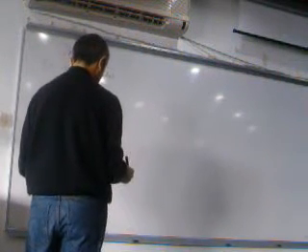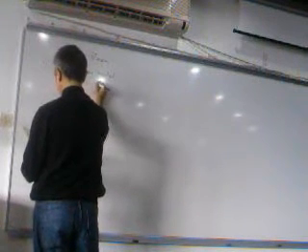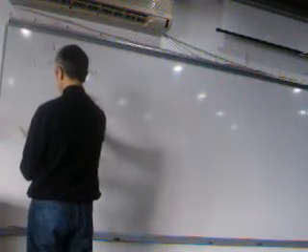So here, let us take a linear system, a linear model. Let us say this is dx over dt equals x plus y, dy over dt equals minus 4x plus y.